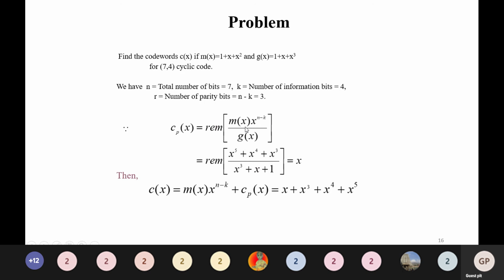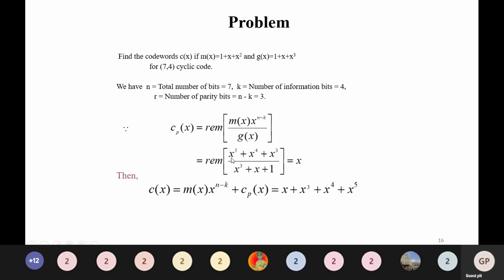So you have to find the remainder for the corresponding multiplication, m of x into x power n minus k. M of x is given as 1 plus x square, and x power n minus k is x power 7 minus 4, that is x power 3. So this is 1 plus x square into x power 3.